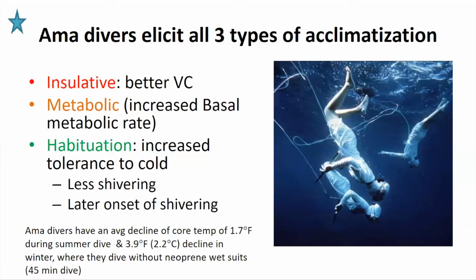And it's very interesting because being an AMA diver, you breath hold in the cold and they are more senior in age, which makes it really interesting to think about because there must be a genetic component to their ability to do this.